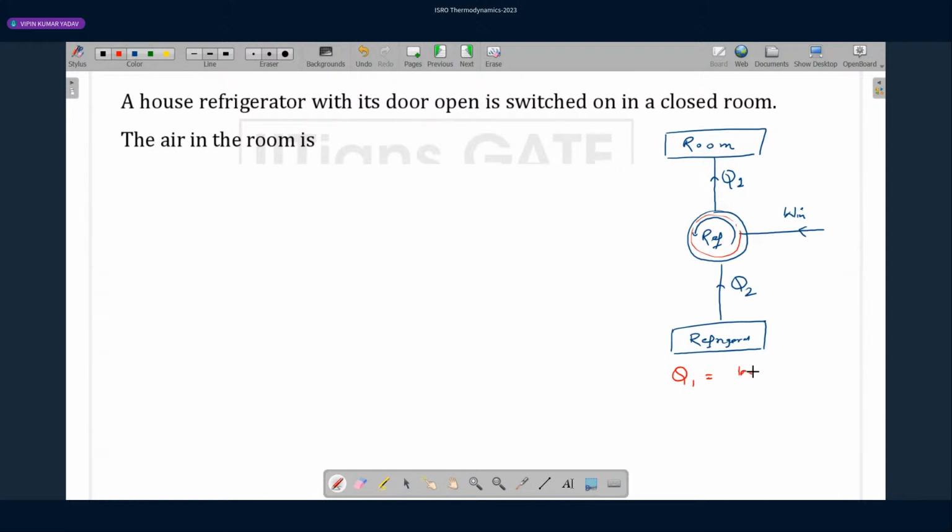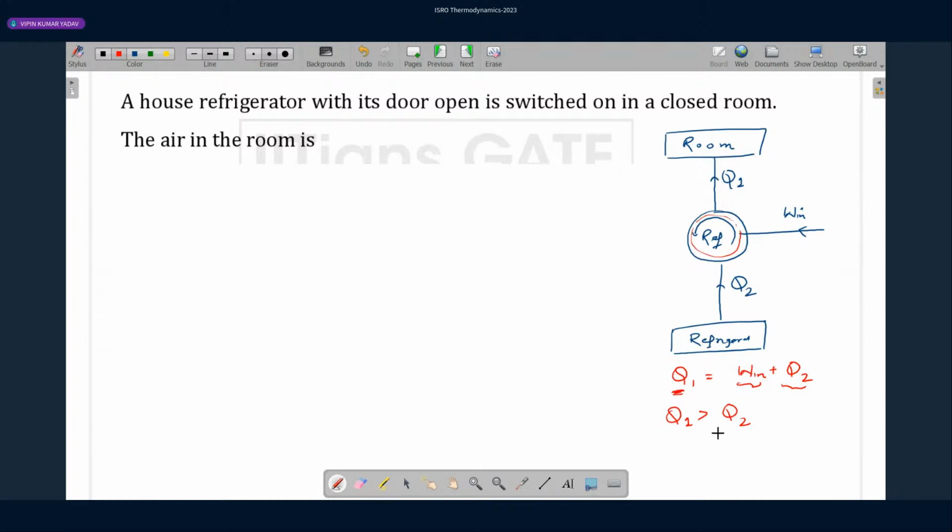Now, if you do an energy balance around this, you will get Q1 because it is coming in plus W in. Sorry, Q1 is equals to W in plus Q2, right? So from here, I can say that Q1 is greater than Q2, right? Because Q1 is summation of two quantities, right?